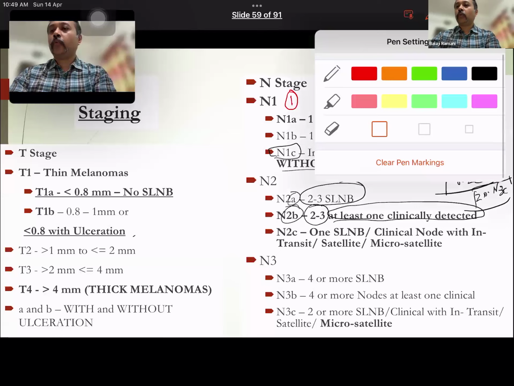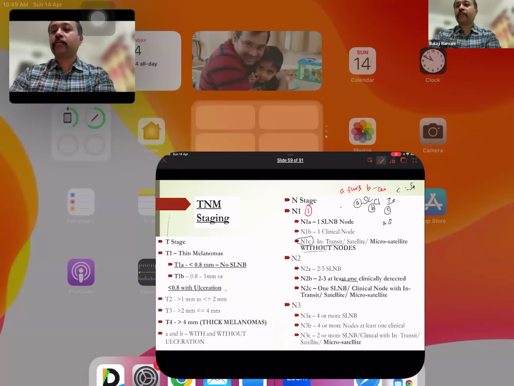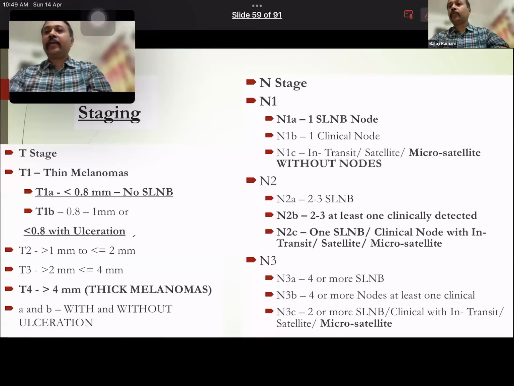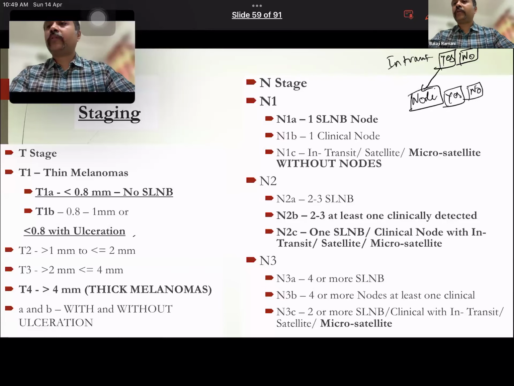So if you want to look at it from the point of view of staging, just like what we saw for your head and neck cancer, the same way you can look at in transit, whether it is yes or no. If the answer is yes, then the next question you ask is whether nodes are yes or no. Again, you look at whether it's positive or negative.